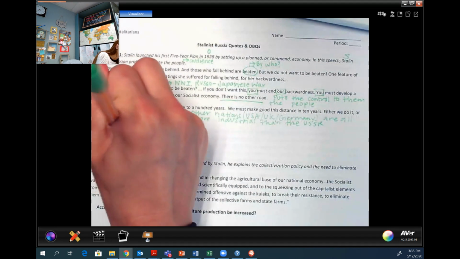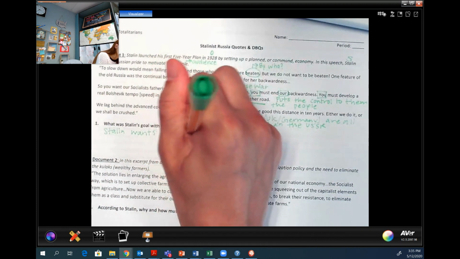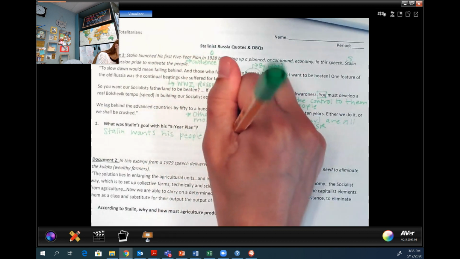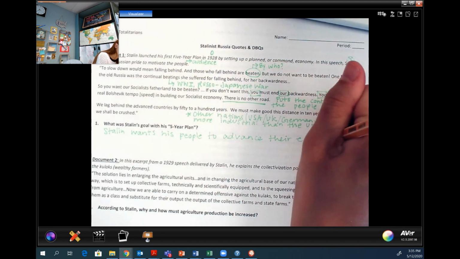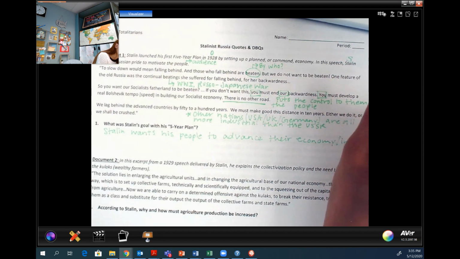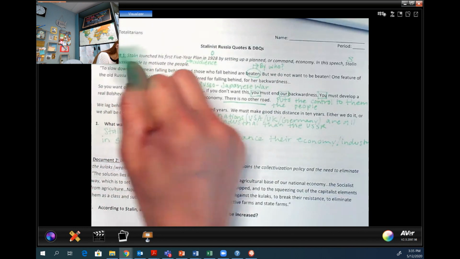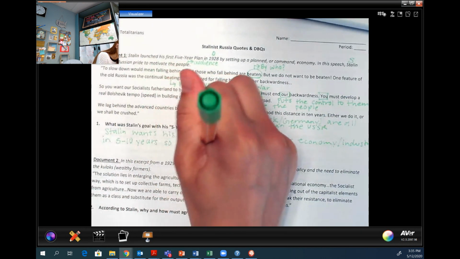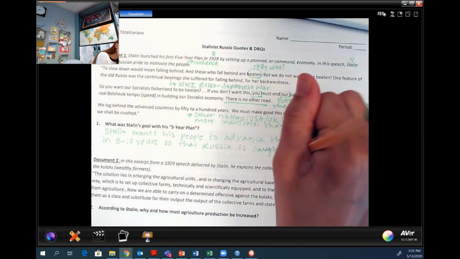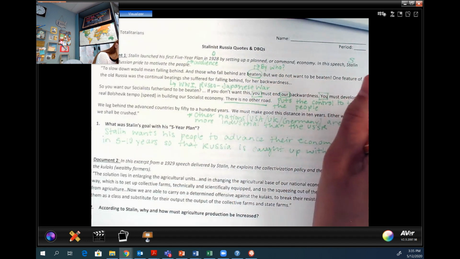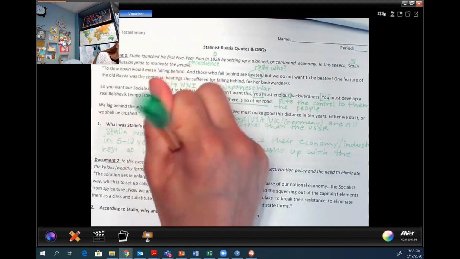Right, Stalin wants his people to advance their economy and industry in 5 to 10 years so that Russia is caught up with the rest of Western Europe.